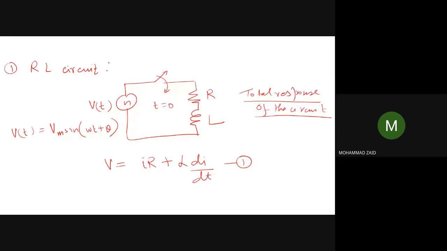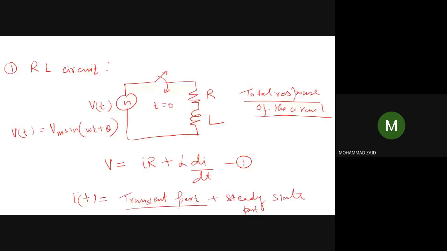So that means the current i(t) can have two parts now. One is the transient part and another is the steady state part.